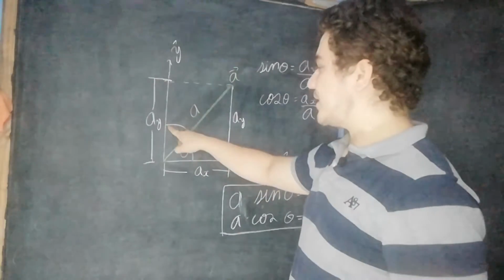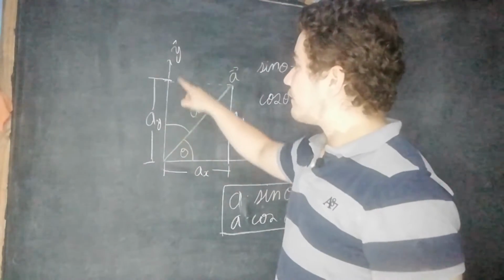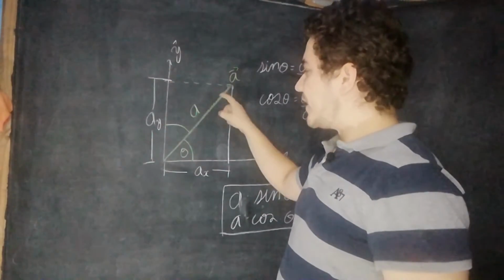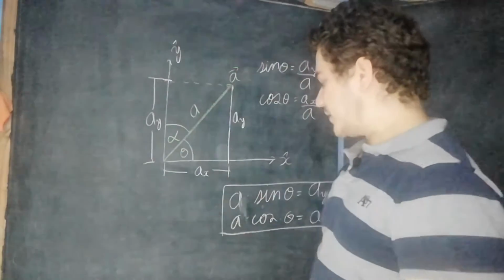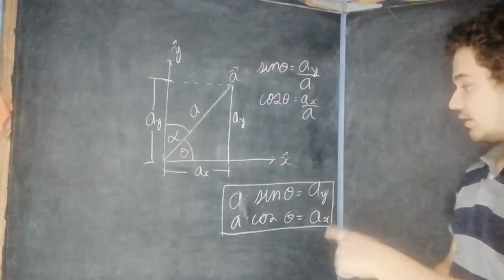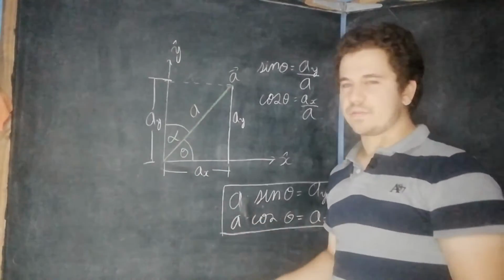And let's say we describe an angle from the y coordinate to our vector, and we say it's an angle alpha. This angle alpha will actually give us a somewhat different result.